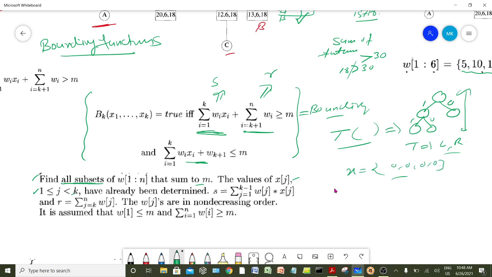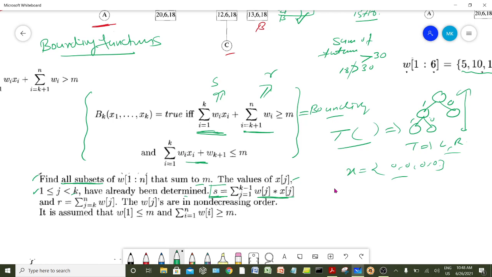It is talking about any intermediate stage k. For an intermediate stage k, xj for j equal to 1 to k minus 1 have already been determined, and s is equal to what I just discussed.